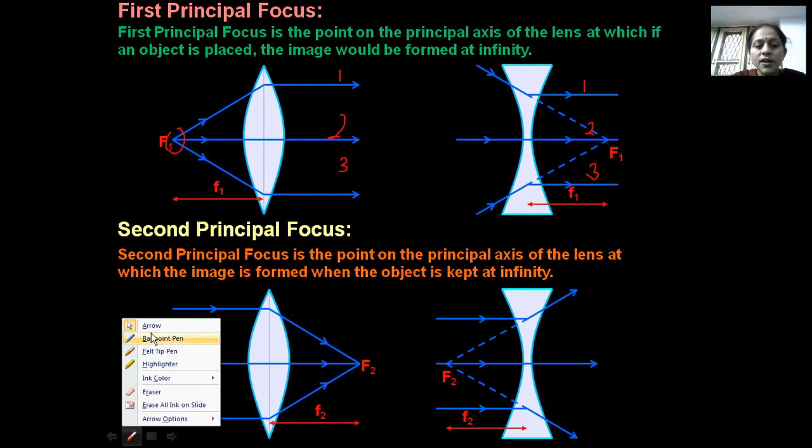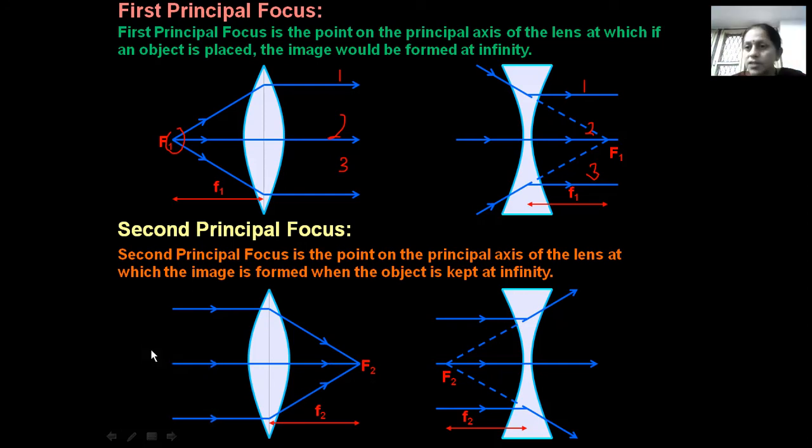Now children, as far as sign conventions are considered, the direction of the light ray is always considered positive. If we consider O to be the center of a number line, then this direction is positive and this will be negative.